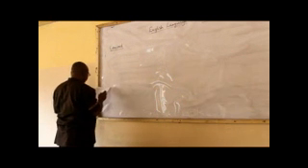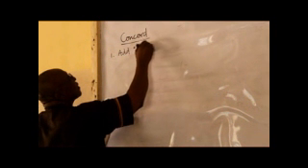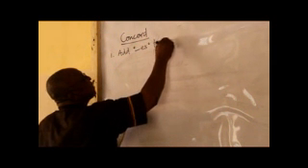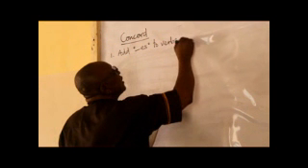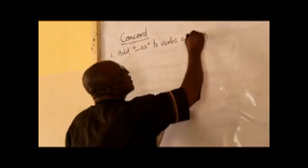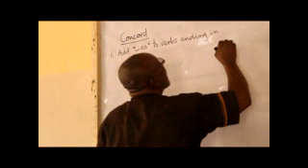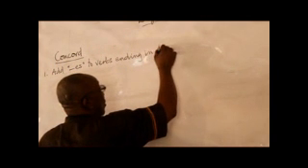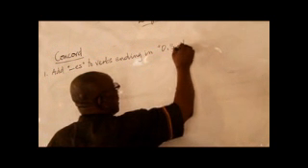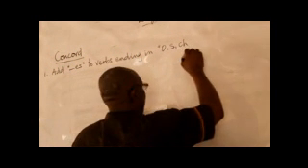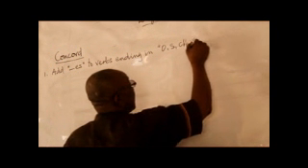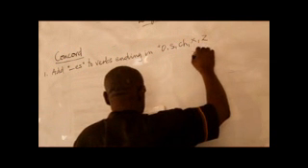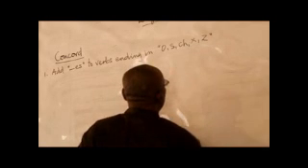One, you add es to verbs ending in o, s, ch, x, and then z. You add es to them.